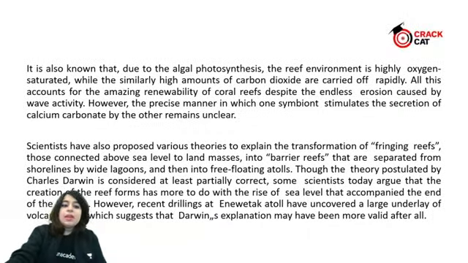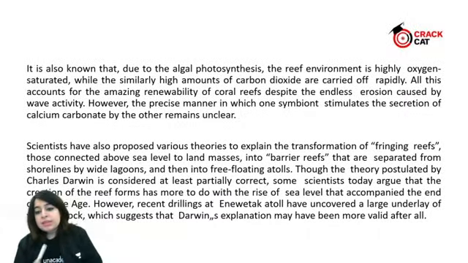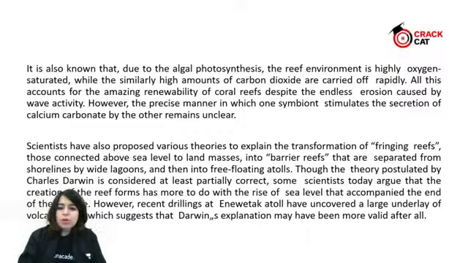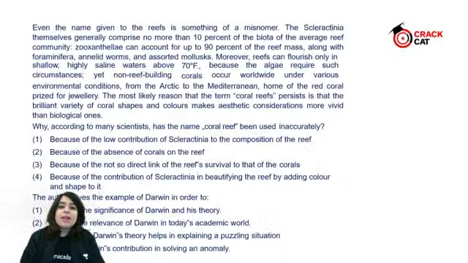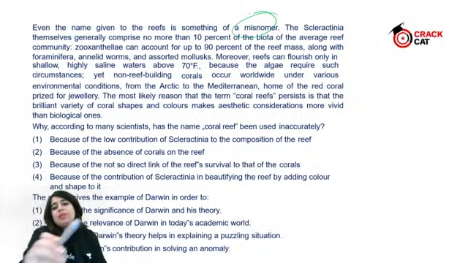Then scientists have proposed various theories to explain the transformation of fringing reefs. And then they talk about how some theory postulated by Darwin is considered at least partially correct.